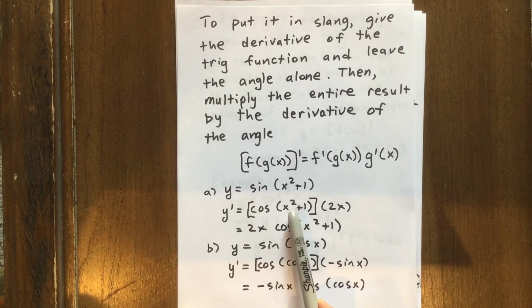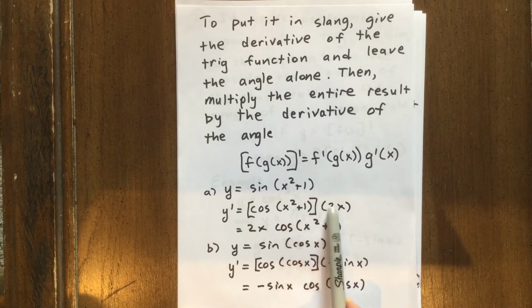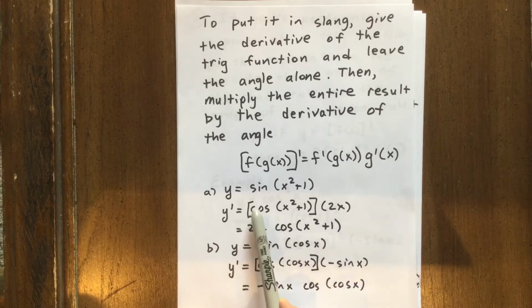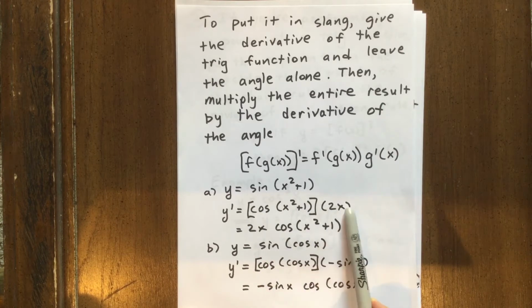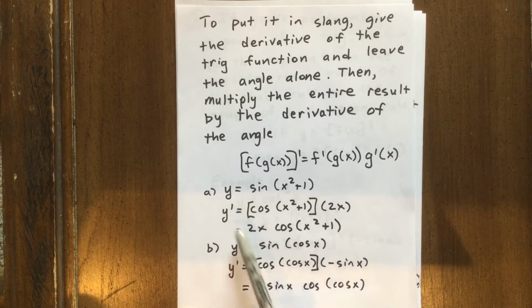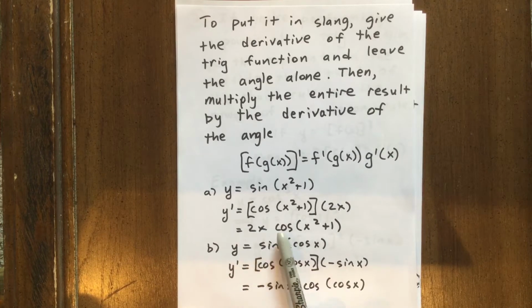Now, it's important to know you're not going to multiply x squared plus 1 times 2x and then take the cos of that. No. What's happening is it's this entire result times 2x. So what I like to do is put the 2x in front so as not to confuse me. So it's 2x times whatever the cos of x squared plus 1 is.